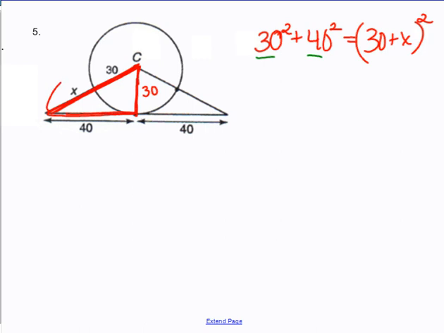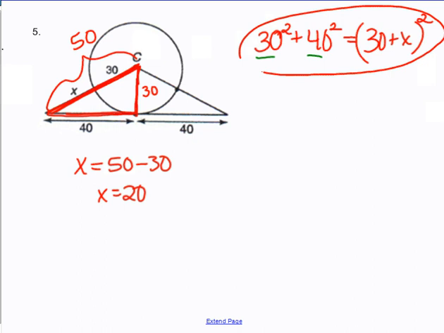So this whole thing is 50. So then x equals 50 minus 30. So x is 20. If you choose to do this, it's still correct. You still will end up with the same answer of 20.